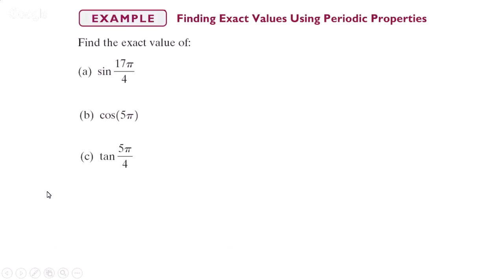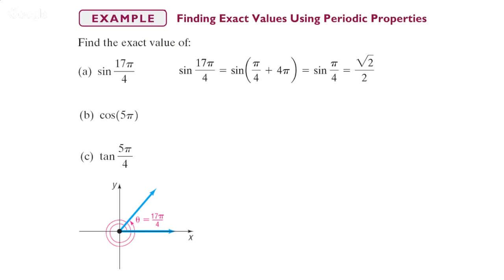So let's find the exact value. We have 17 pi over 4. Well, we need to find its coterminal angle. We notice that it goes around the circle twice, because if we subtract 2 pi, then 2 pi again, so we subtract 4 pi, that's the same as pi over 4 plus 4 pi.